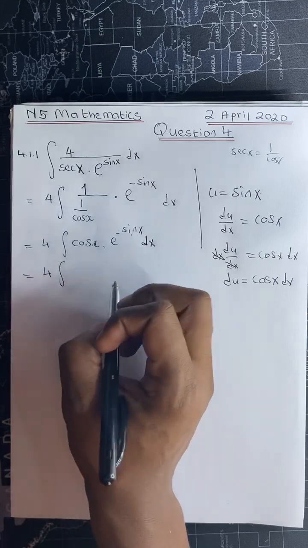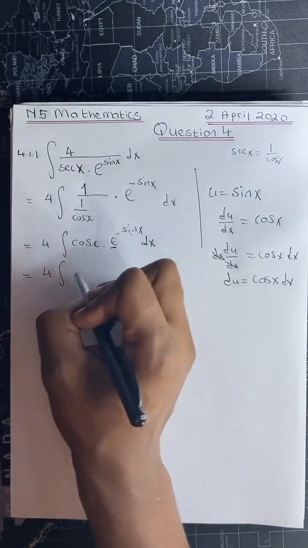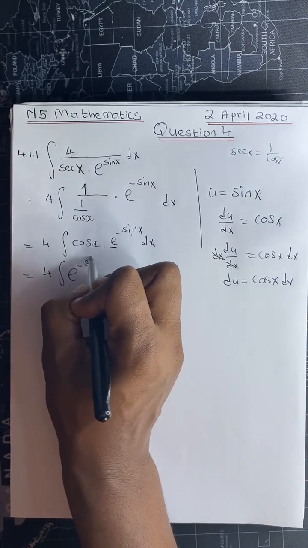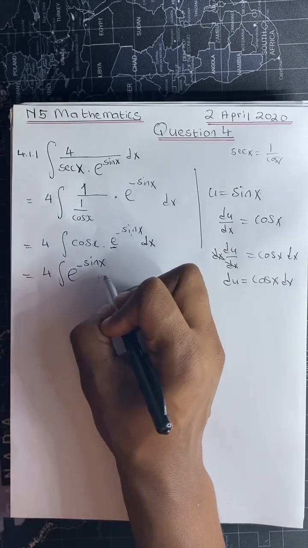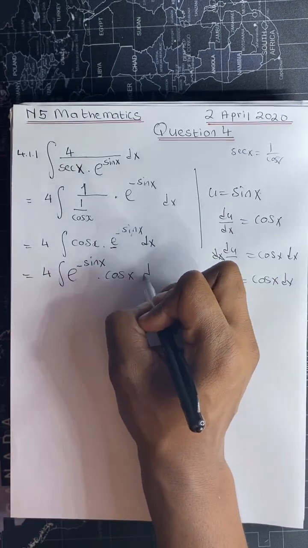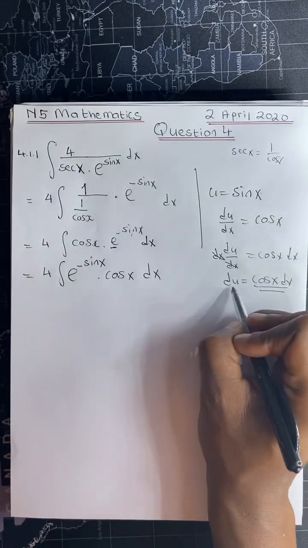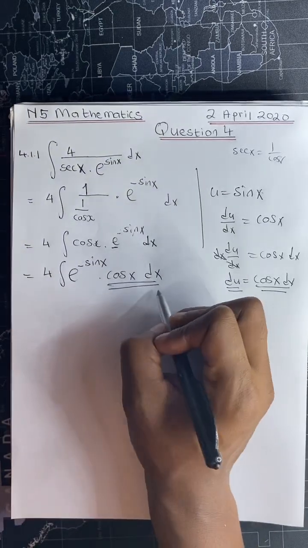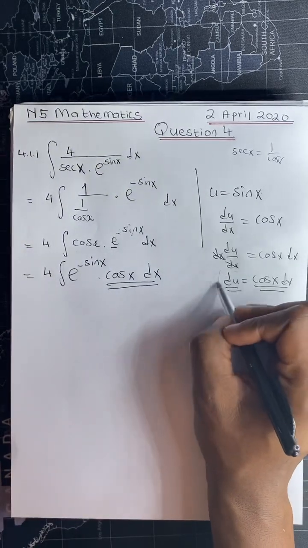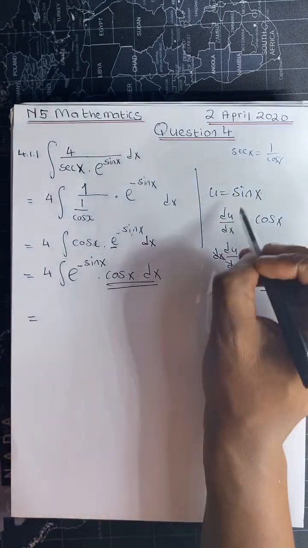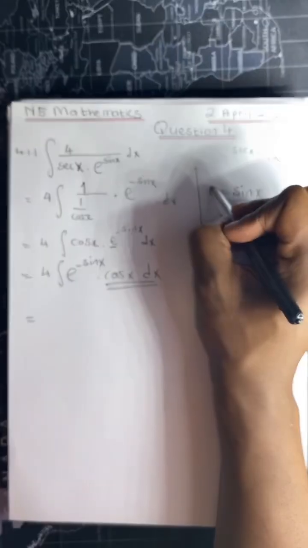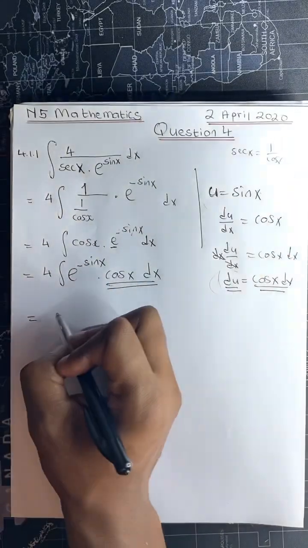Let's further rewrite our integral, starting with e to the power minus sine x and ending with cos x dx. So cos x dx is equal to du. In the place of cos x dx, we will substitute du, and in the place of sine x, we will substitute u.